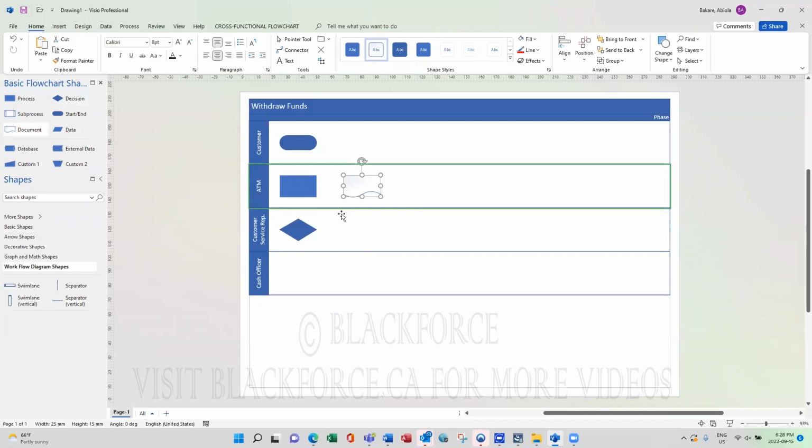Typically, you'd use this shape when, for example, the document is submitted or the document is generated. You usually add it into the flow so that whoever is looking at it would know, oh, here we're referring to a document. A document is created, a document is submitted. Something happens with a document, basically.